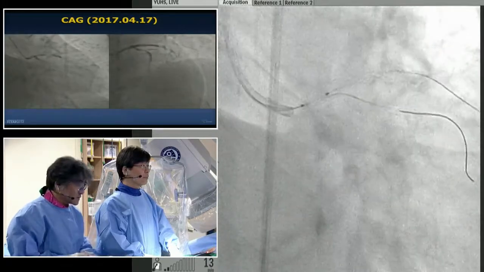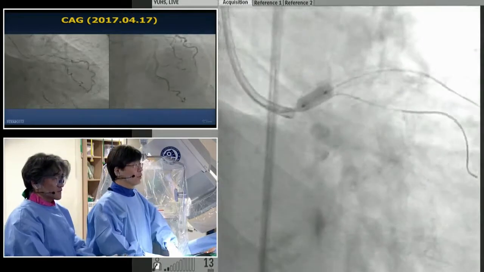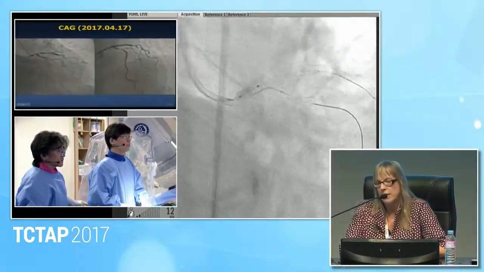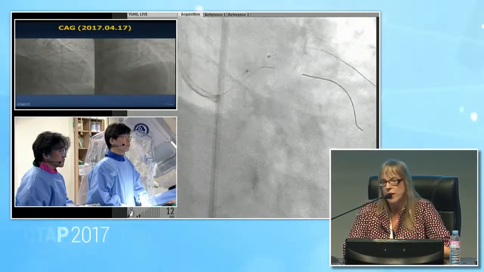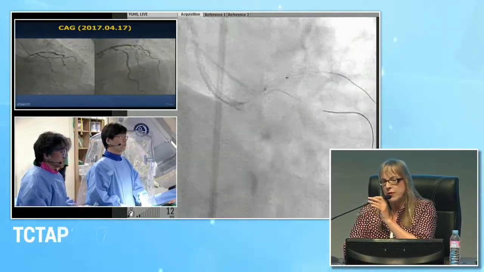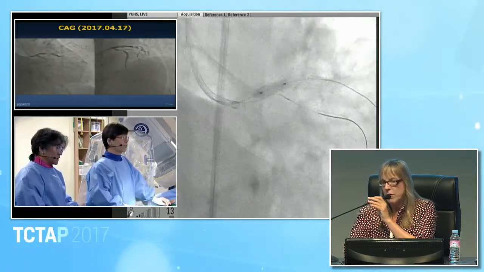The other issue is that we don't have good reference values for FFR after stenting. So in this case, FFR would be good if there is any doubt about the ostium of the circumflex, but for optimization of the LAD, I believe IVUS imaging is way better.